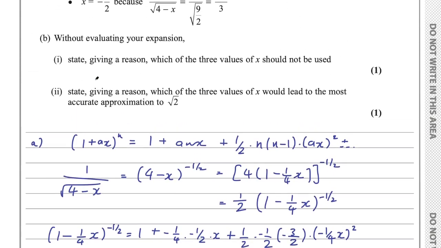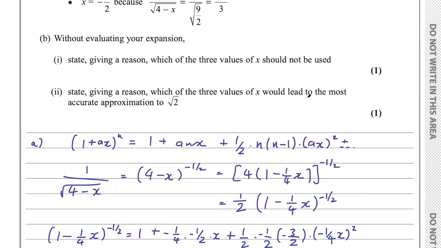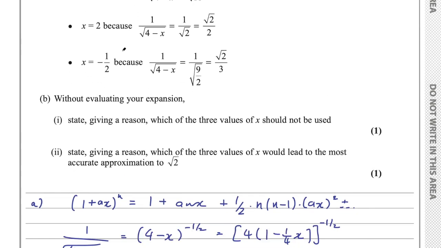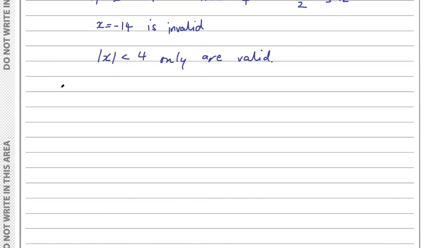Part 2 said which of these would lead to the most accurate approximation. So let's try them both. Let's try 2. What would we have for ax? If x equals 2, ax equals -1/4 times 2. This is -1/2. And if x equals -1/2, ax equals -1/4 times -1/2.